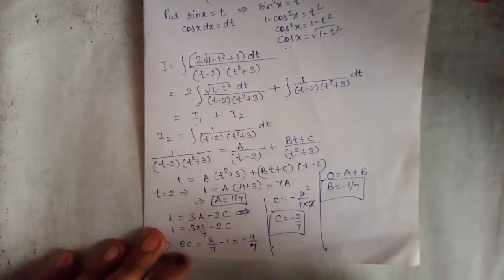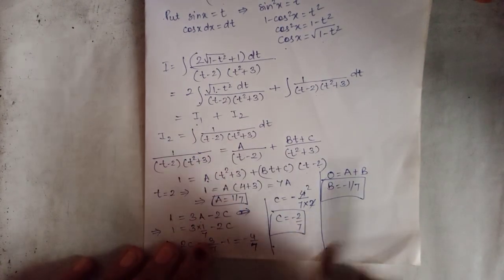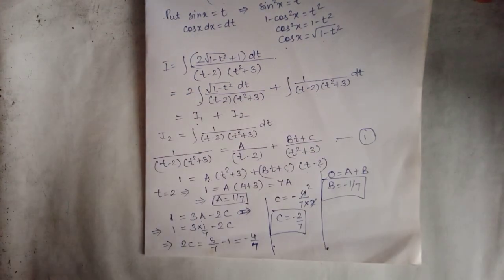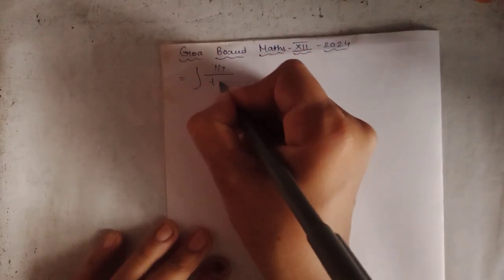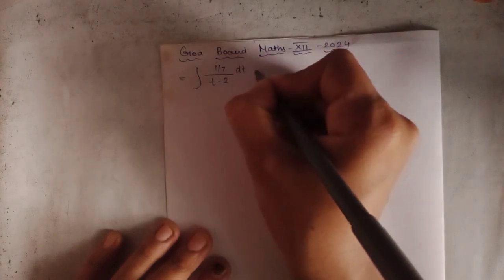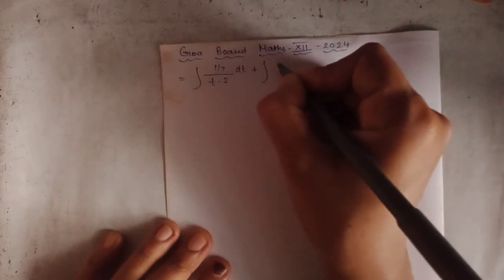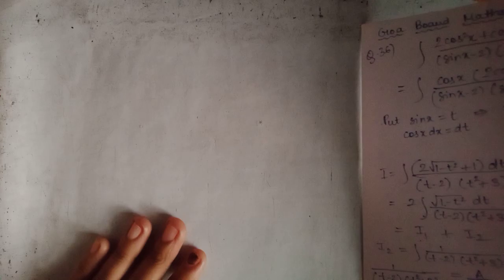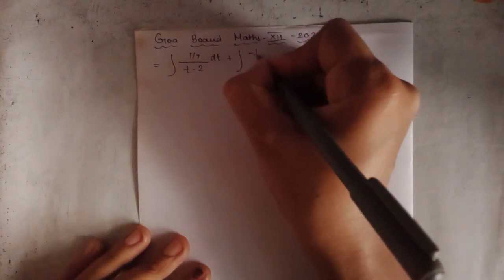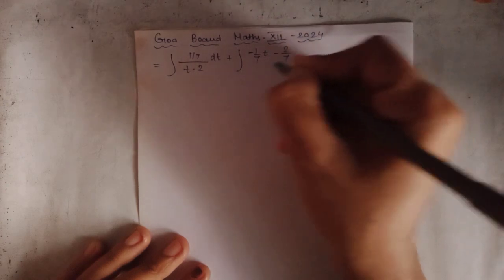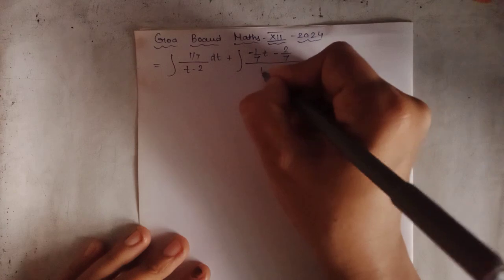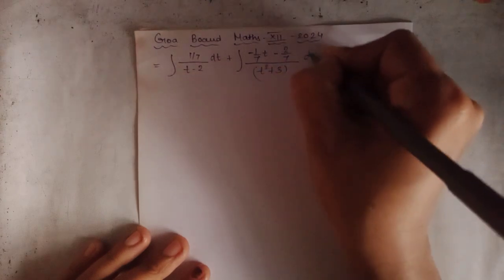Now substitute in this equation: integral of (1 by 7) upon t minus 2 dt plus integral of (minus 1 by 7 t minus 2 by 7) upon t square plus 3 dt.